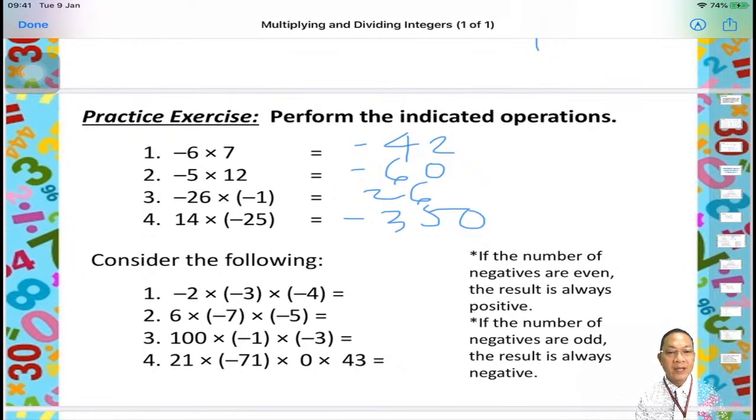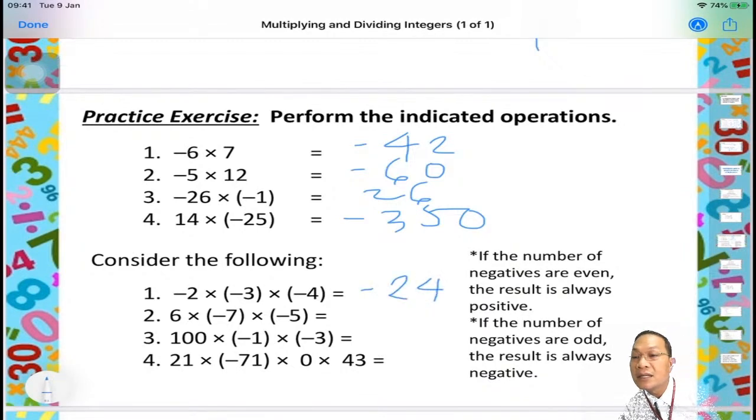So we have negative 2 times negative 3 is positive 6 times negative 4 is negative, how much? It's negative 24. Okay, may I see? Negative 24. All right.